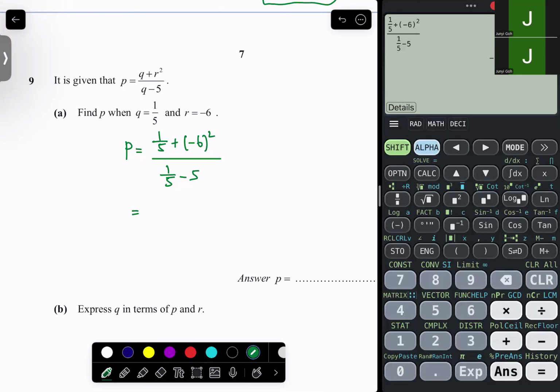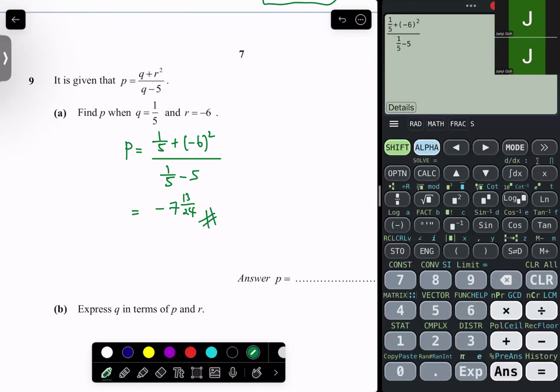Okay, so we get -7/13 out of 20. Okay, that's all.